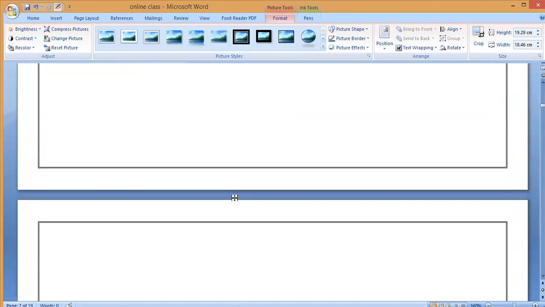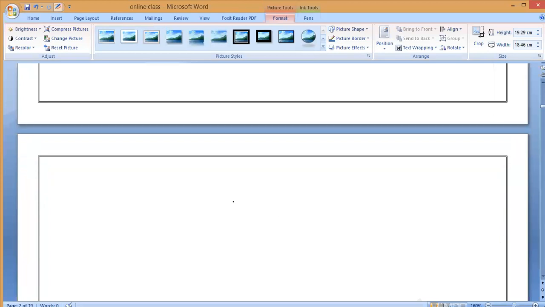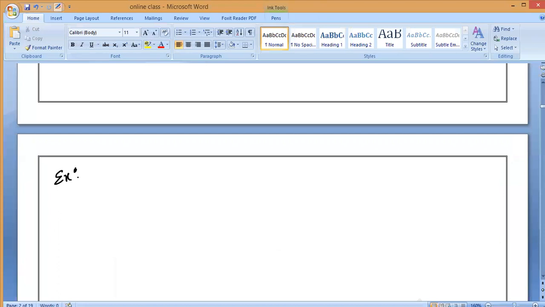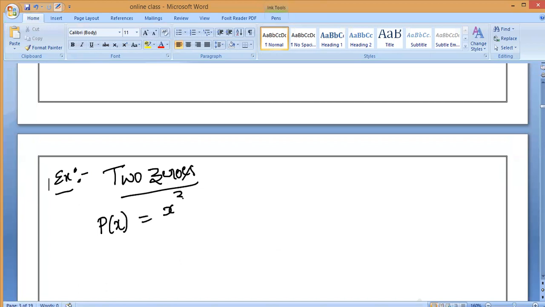Next, a cubic polynomial that has 2 zeros. Next example. P of x equal to x cube minus x square.